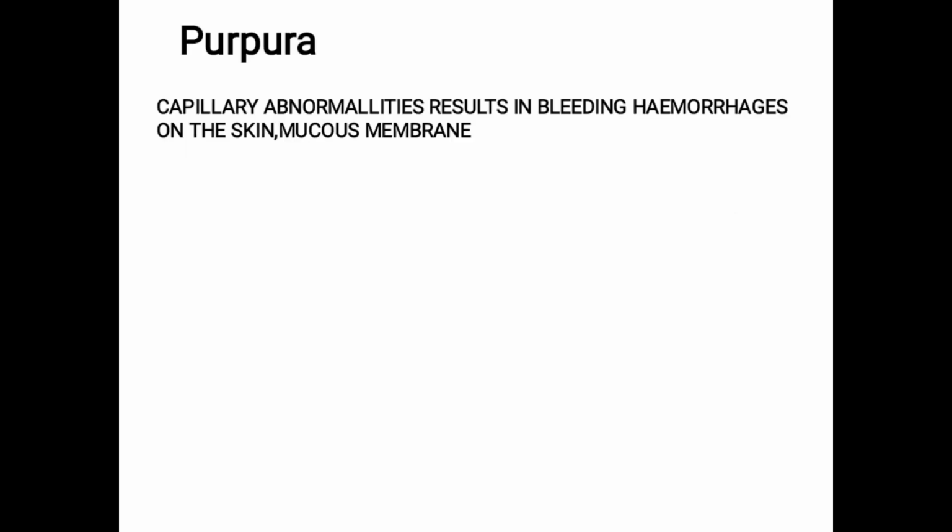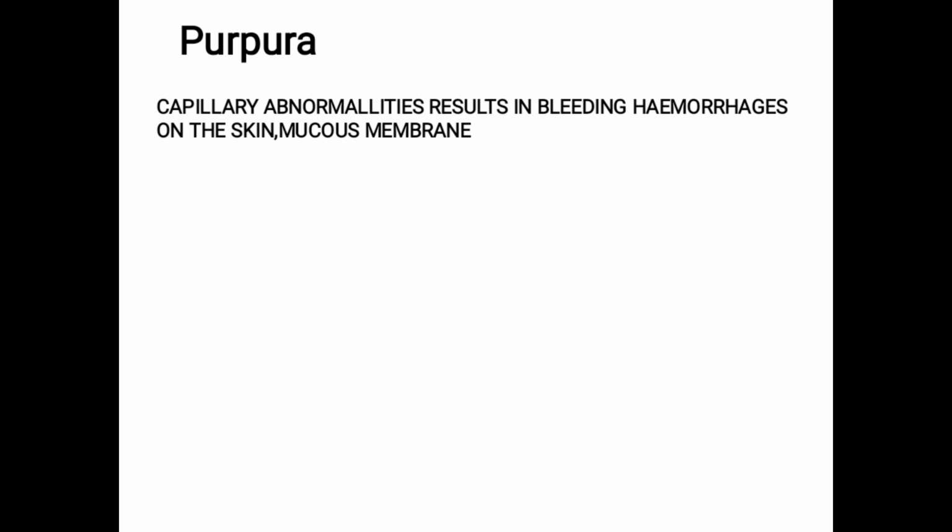So the next one is purpura. And purpura is a capillary abnormality.